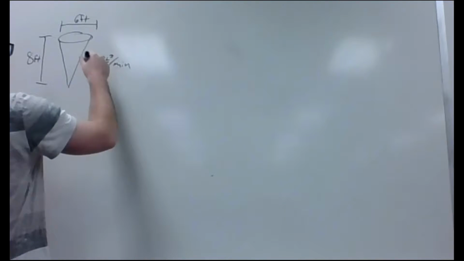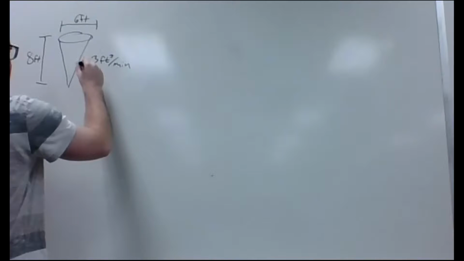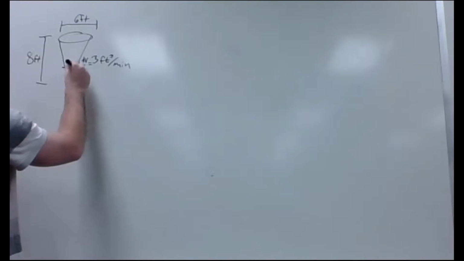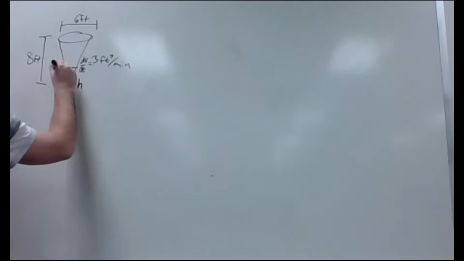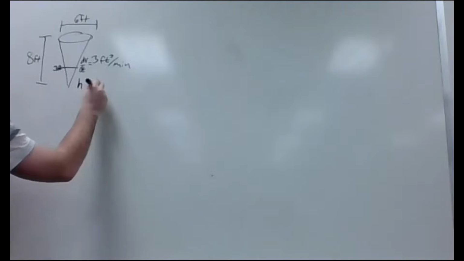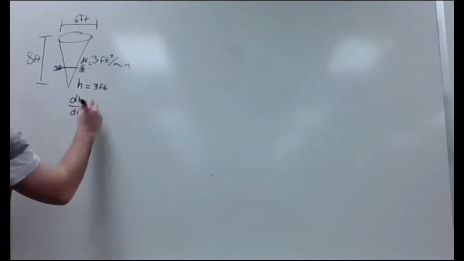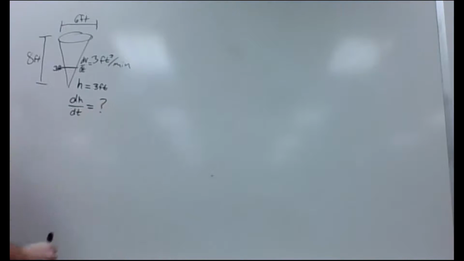So that's how our volume is changing. And let's say at the height of 3 feet, how fast is our height going, or how fast are we filling up with sand?